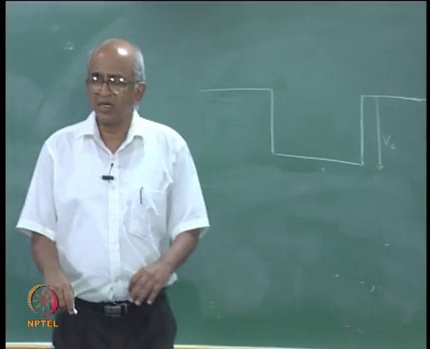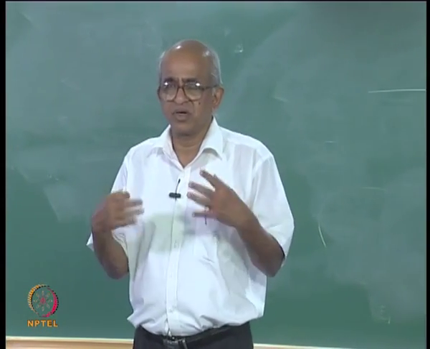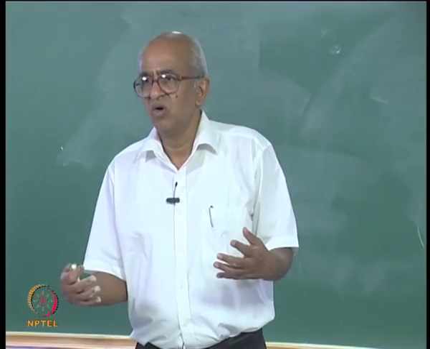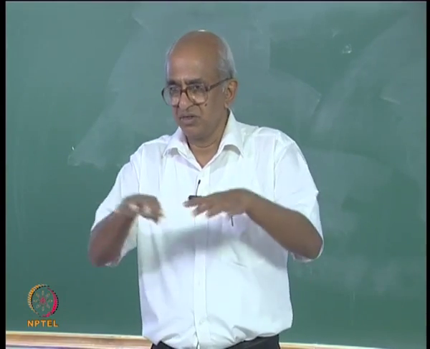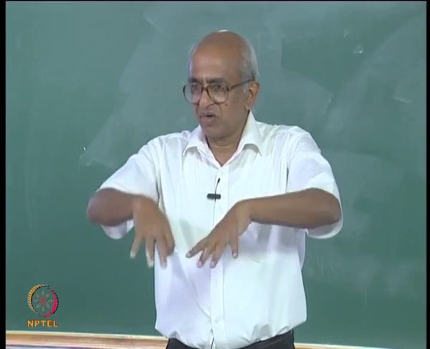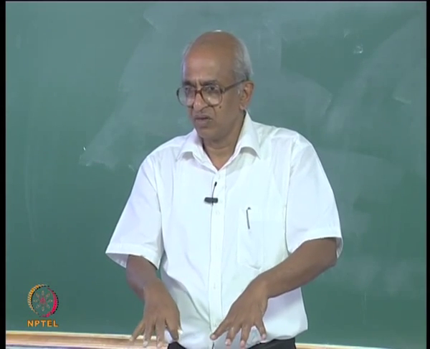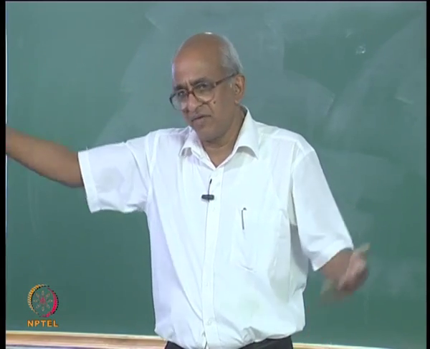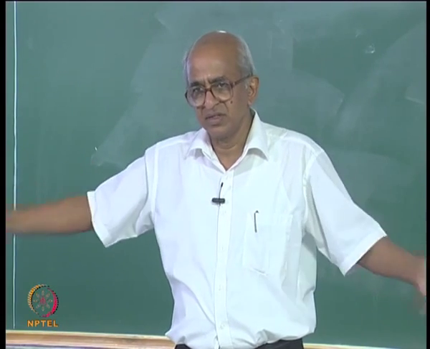So, if the particle is inside the box, its potential energy will be minus V0, because within the box the potential energy is low. But if it is outside, the potential energy everywhere is 0.